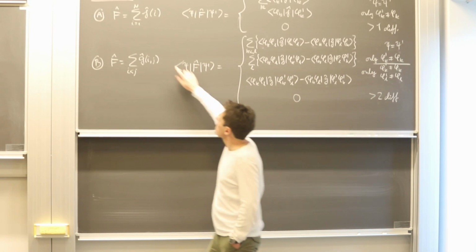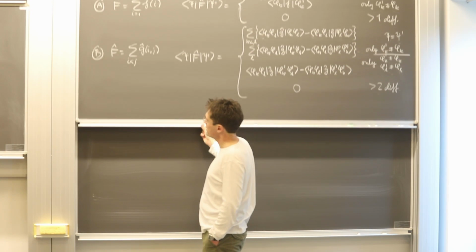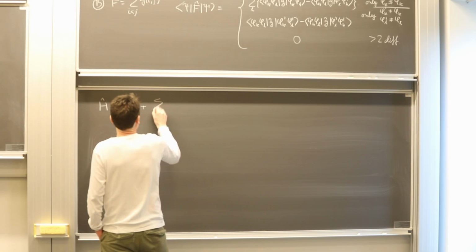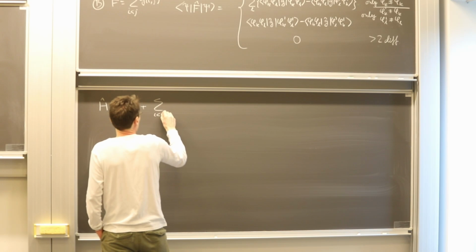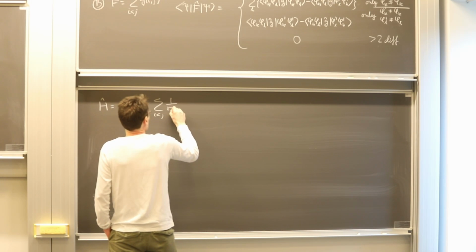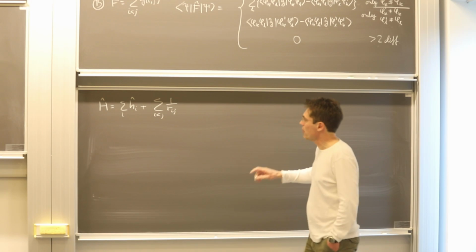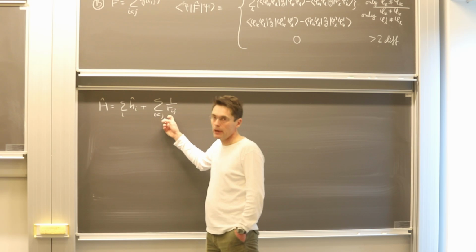So that first part is similar to the A case, but then of course there's also a bunch of two-body terms which look like this. So it's a mix of an A part and a B part.